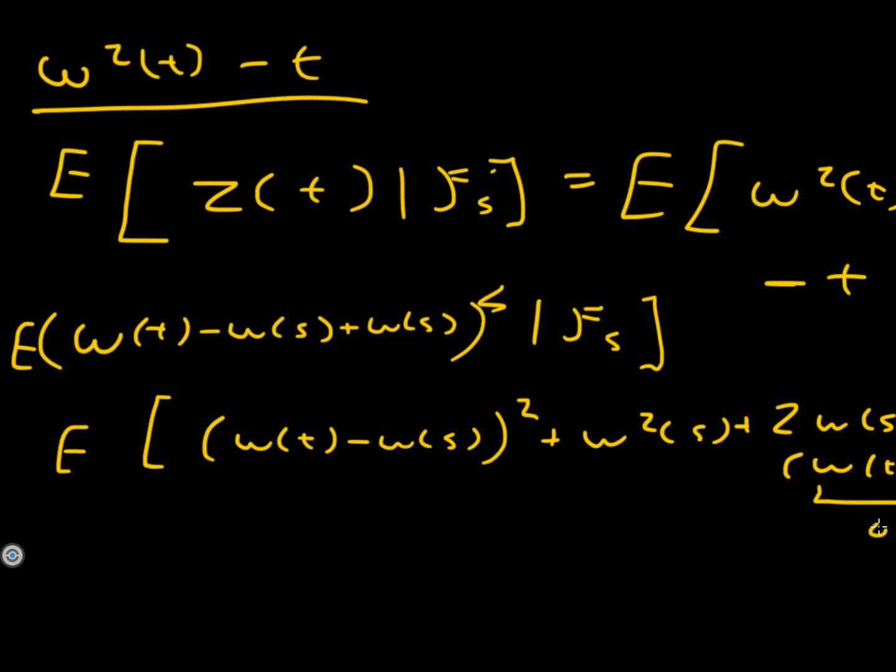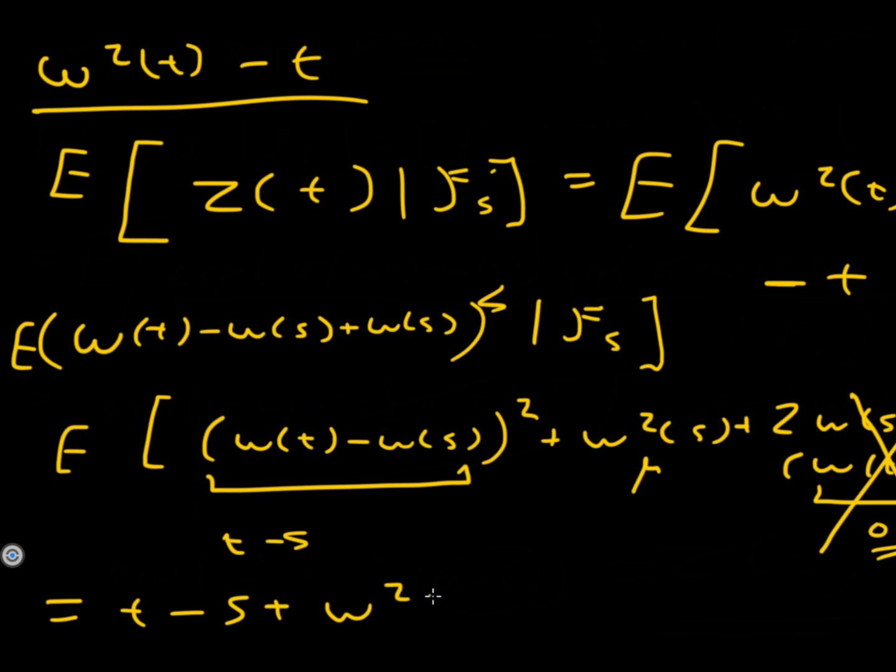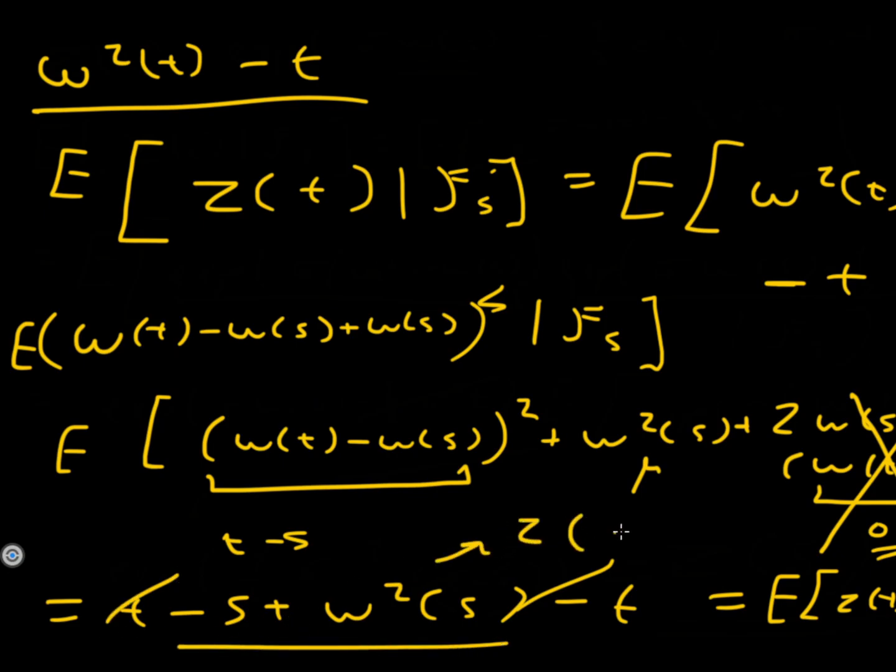Now the W_t minus W_s expectation comes as 0, so this part is gone, and this is simply W squared s. And also this is the variance, so we'll just have t minus s for this, so we'll have t minus s plus W squared s minus t equals the expectation of Z_t conditional to F_s. And the t's cancel out. This is Z of s. Again, we've proven that this is a martingale.